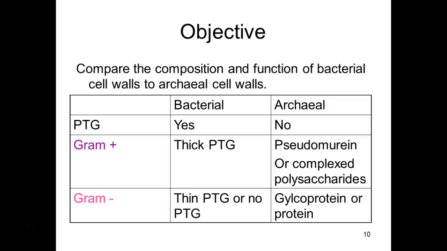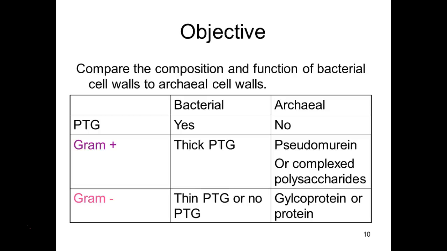For bacteria, if it comes out gram positive, as we know, it pretty much means that it has a thick peptidoglycan layer. That's what PTG stands for. And we know bacteria have peptidoglycan, right? It's a defining characteristic of that group of organisms. Although there are some that don't have it, like the mycoplasmas, but they're very rare.